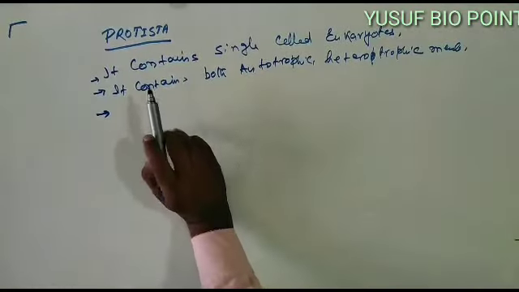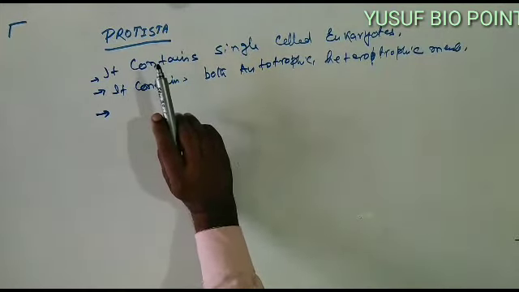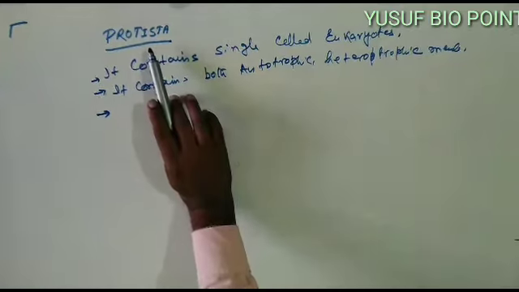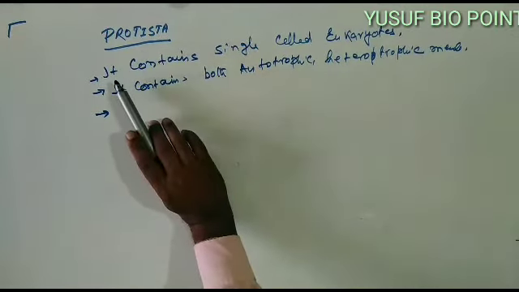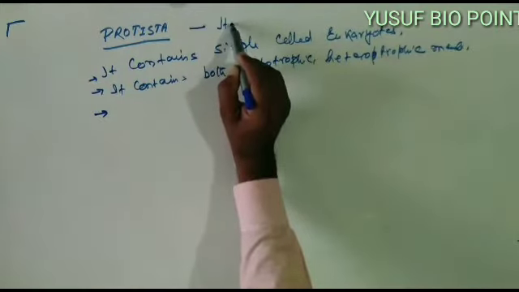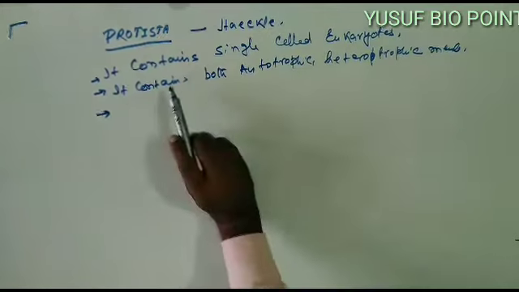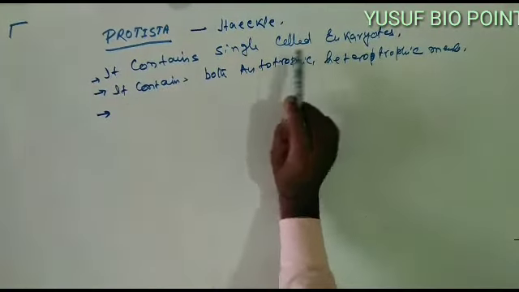Today we shall discuss the second kingdom of the five kingdom classification, that is PROTISTA. PROTISTA is a word which was first used by Haeckel. It contains single-celled eukaryotes.